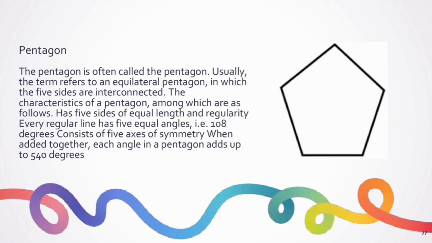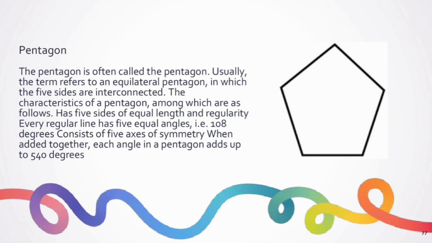Every regular pentagon has five equal angles of 108 degrees, and consists of five axes of symmetry. When added together, the angles in a pentagon total 540 degrees.